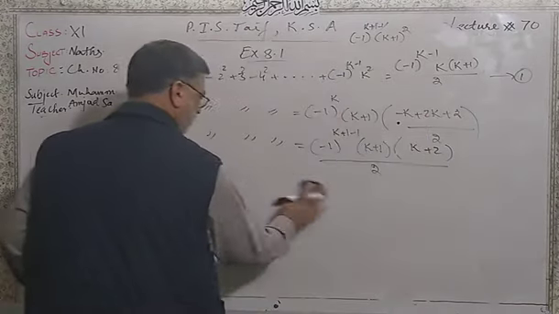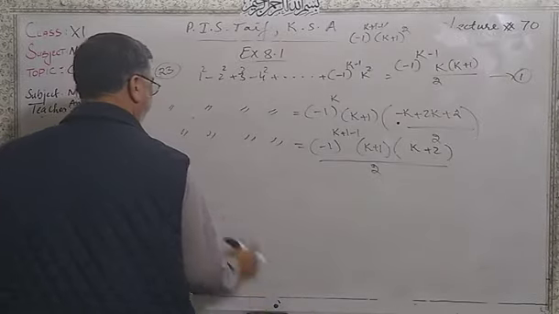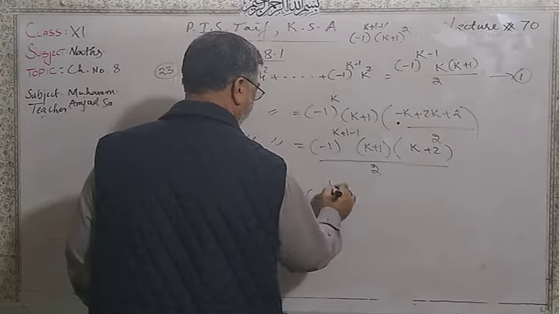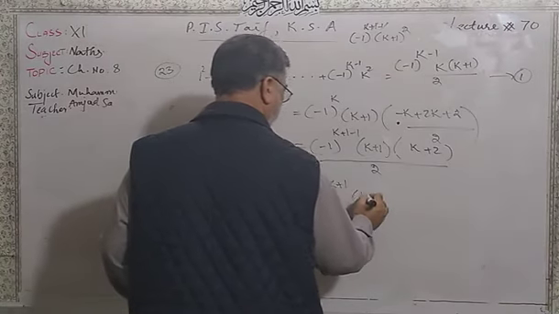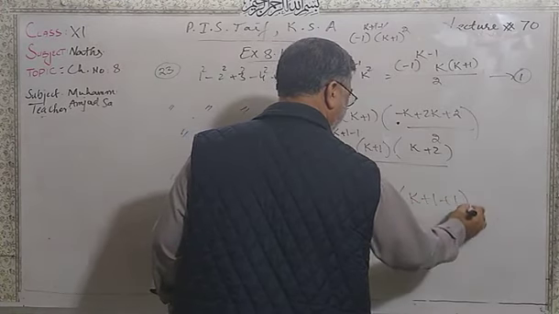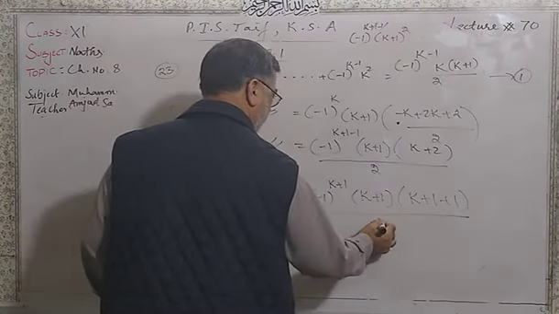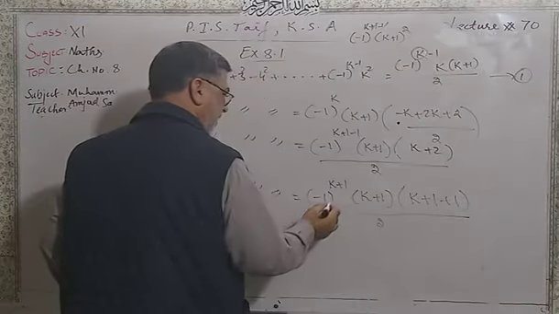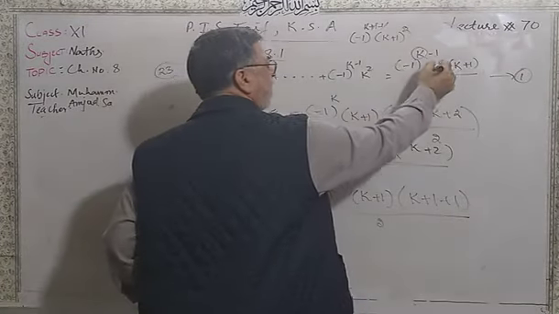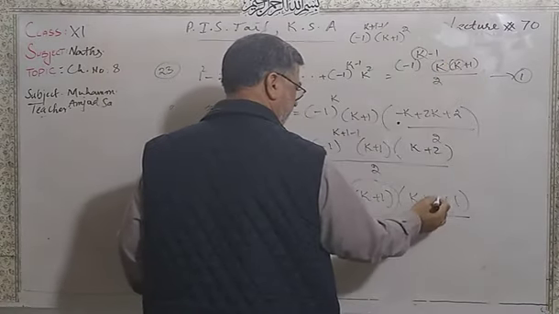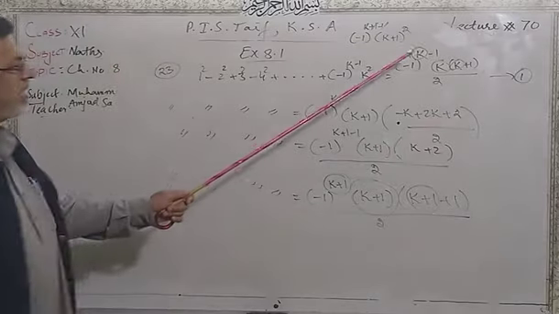So dear students, from here you can check that (−1)^(k+1) (k+1)(k+2) can be written as (k+1)(k+1+1). Here was k, we got k+1; here was k, we got k+1; here was k, we got k+1.